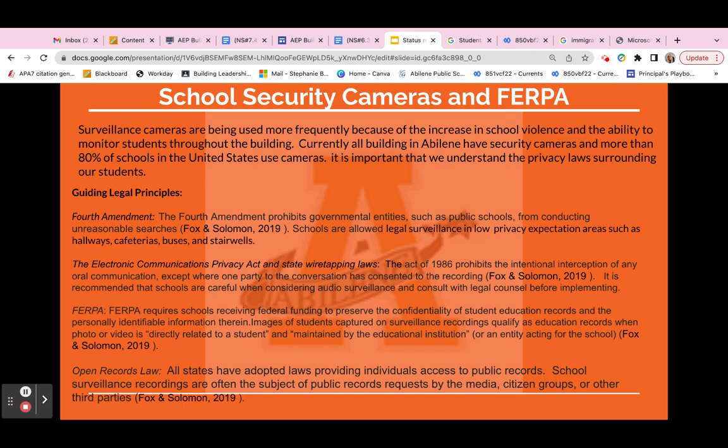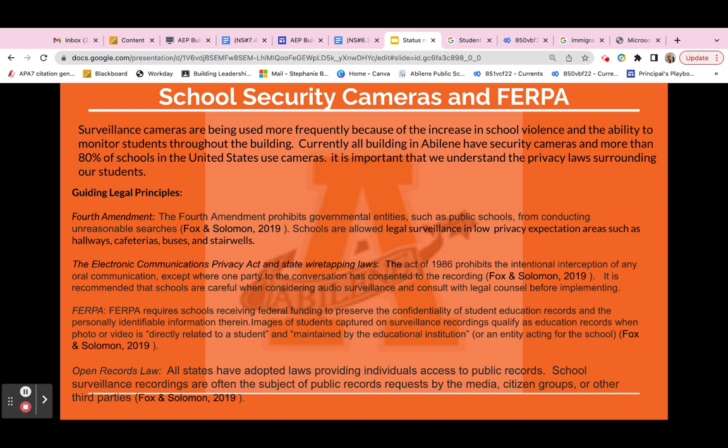The Electronic Communications Privacy Act of 1986 and statewide wiretapping laws prohibit the intentional interception of any oral communication except where one party to the conversation has consented to the recording. It's recommended that schools are careful when considering audio surveillance and consult with legal counsel before implementing those things.